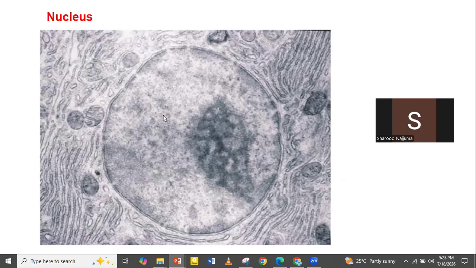So in here, this is where you're going to find the chromosomes or chromatin and the genes which are found on DNA. Now, we can see the endoplasmic reticulum here. These flattened membranes form the endoplasmic reticulum. You can see it outside the nucleus.